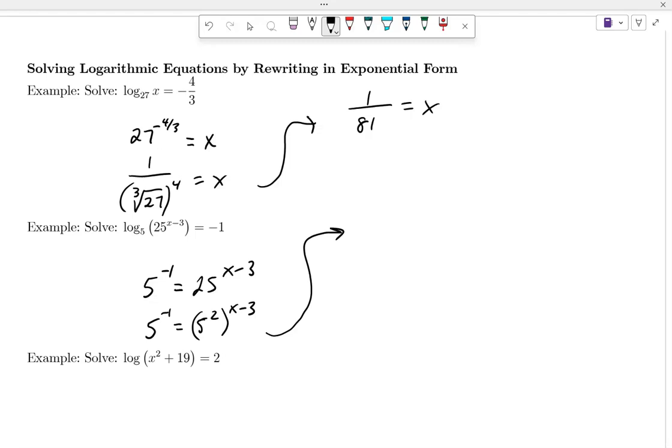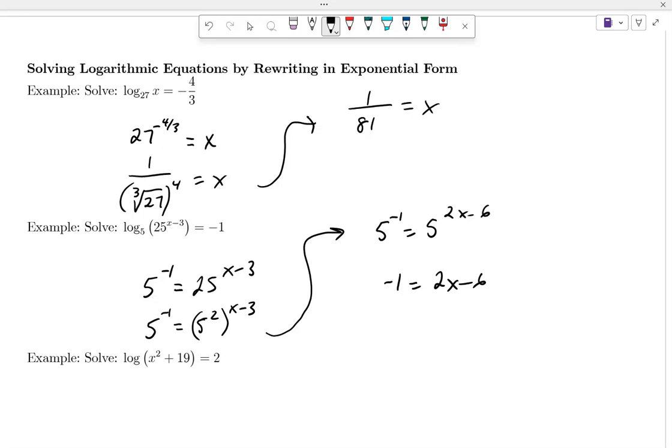What do we do now? Multiply the exponents. Good. So now we have 5 to the negative 1 equals 5 to the 2x minus 6. That was our goal, right? Get the same base, because now what can you do with the exponents? Make them both equal to each other, right?